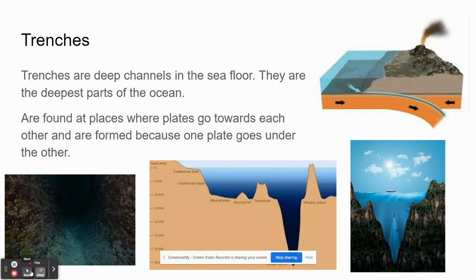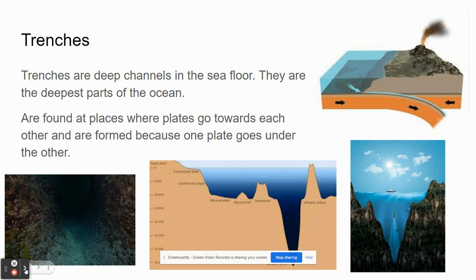So when you go through and look at trenches, trenches are some of the deepest places in the ocean floor. And they're like these channels. You can see each of these three pictures is kind of showing what they look like.